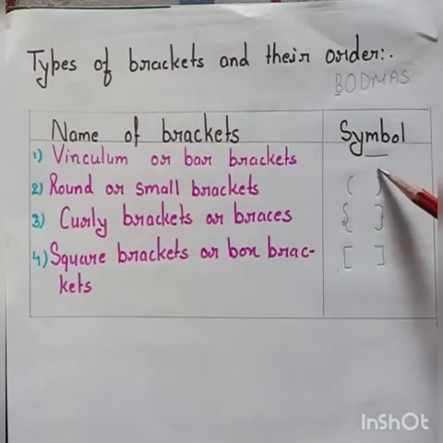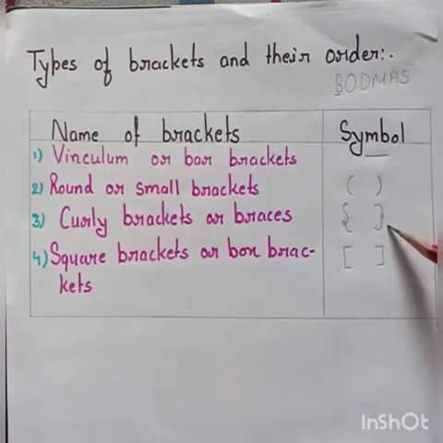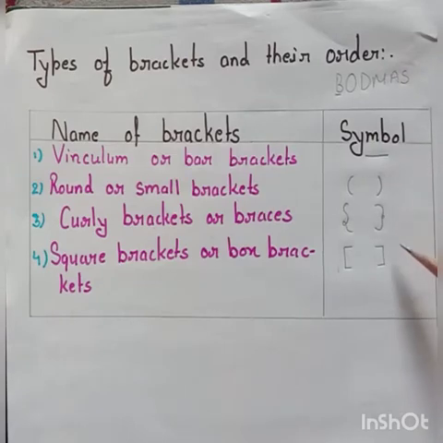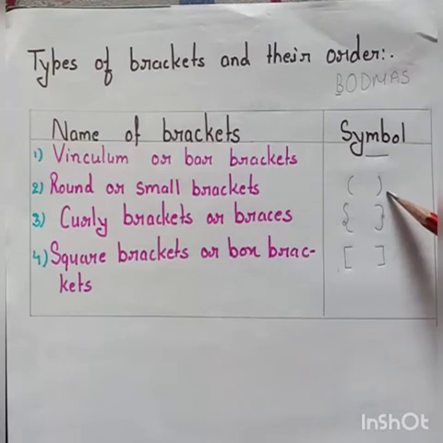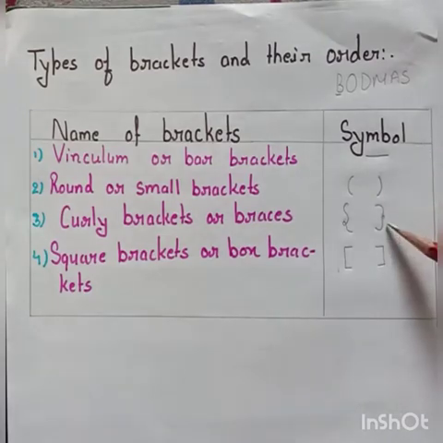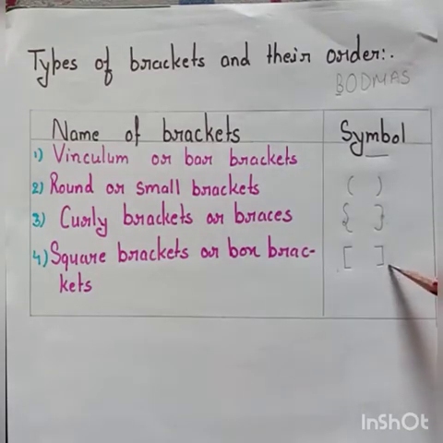So these are four brackets: bar bracket, small bracket, curly bracket, and big bracket. Whenever you have to solve the brackets, you have to follow this sequence only. First solve the bar bracket, then the small bracket, then the curly bracket, and last the square bracket.